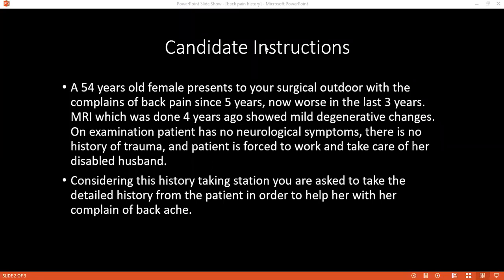Okay. Have you undergone any surgery before? I had one cesarean section 5 years ago. Okay. Do you have any long-term medications or are you allergic to any drugs? No.